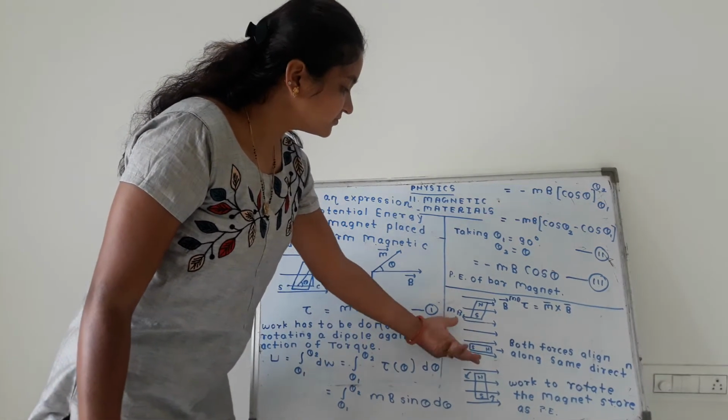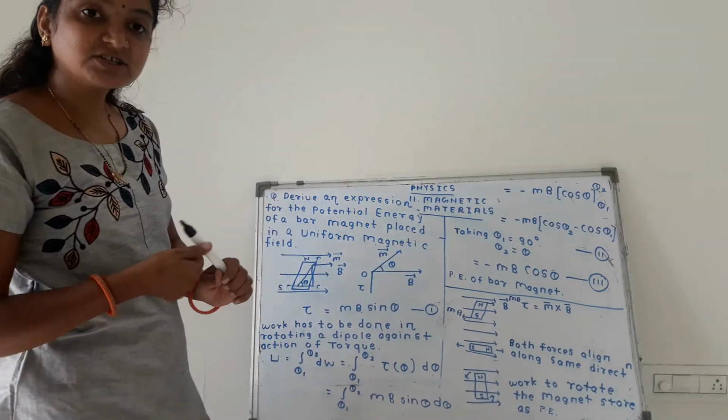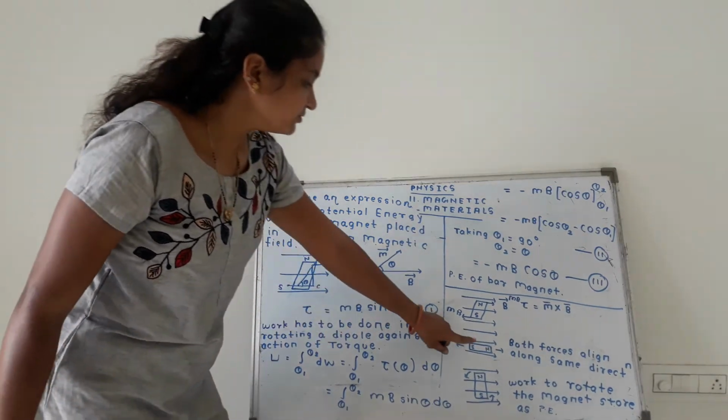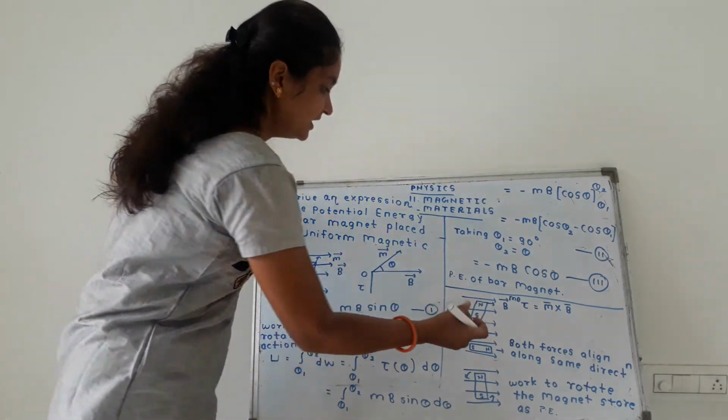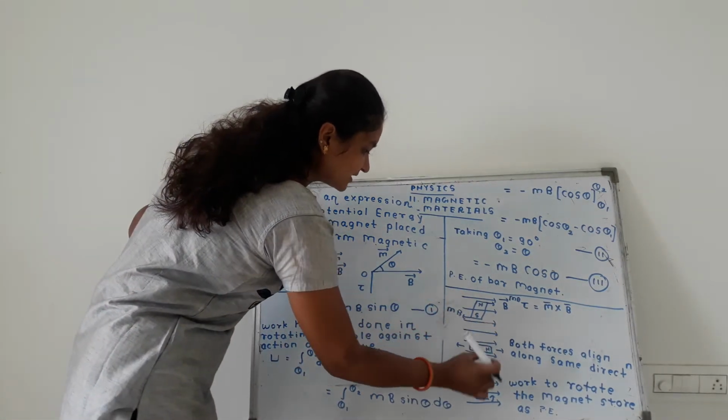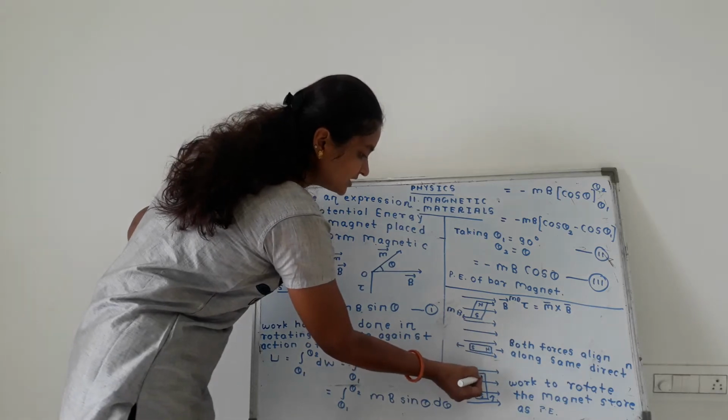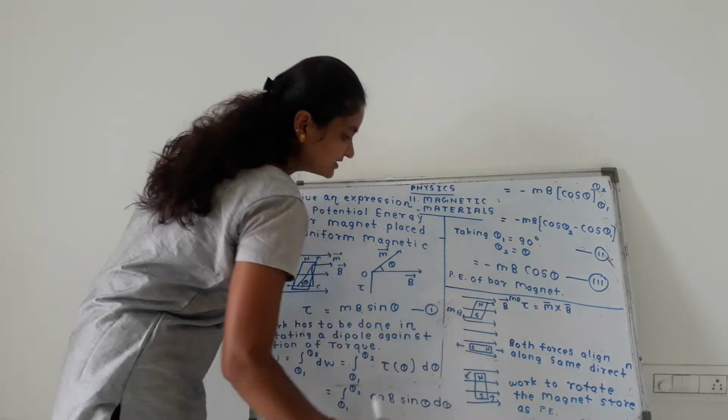And after that, whenever we rotate this bar magnet, now the bar magnet is along the same direction as the magnetic field. If we rotate it, the north pole is at the upper side and the south pole is at the lower side.